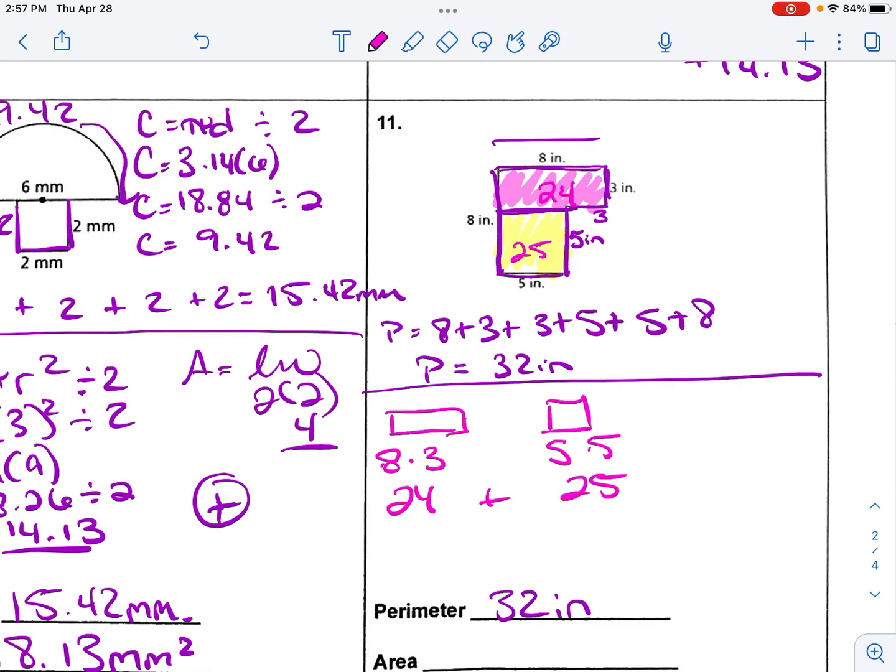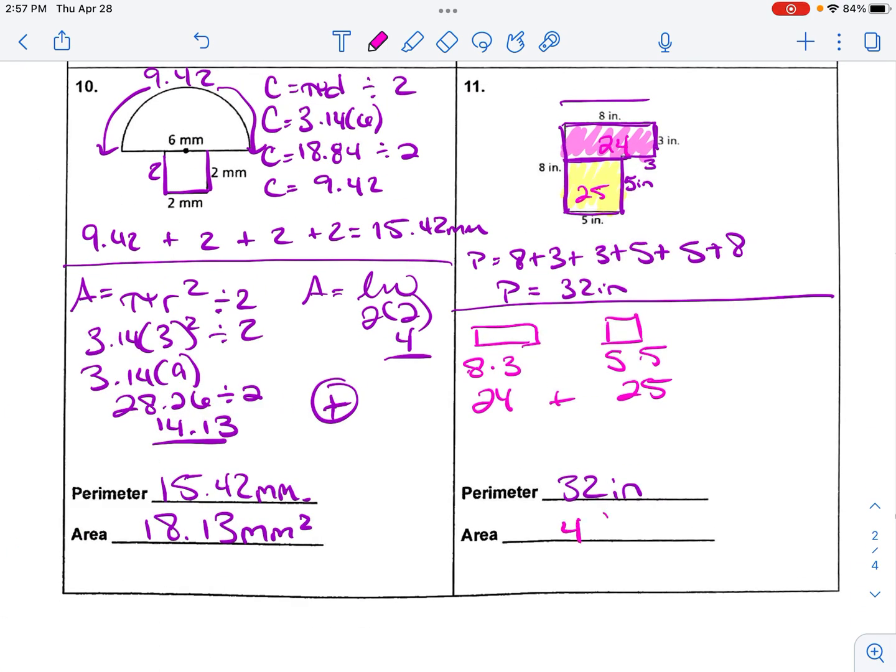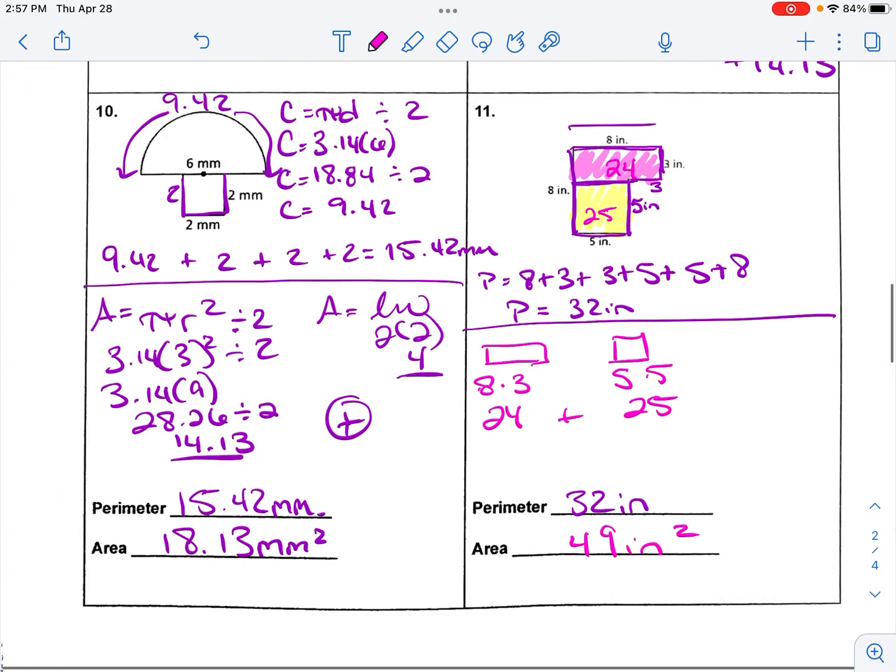Just making sure I show my work and thought process here. So adding the 25 and 24, we get 49 square inches.